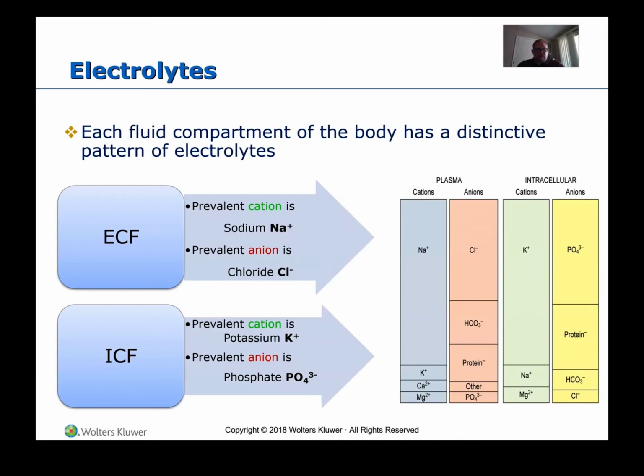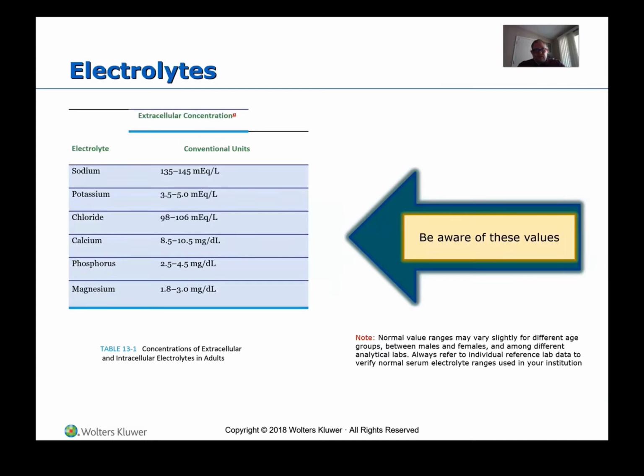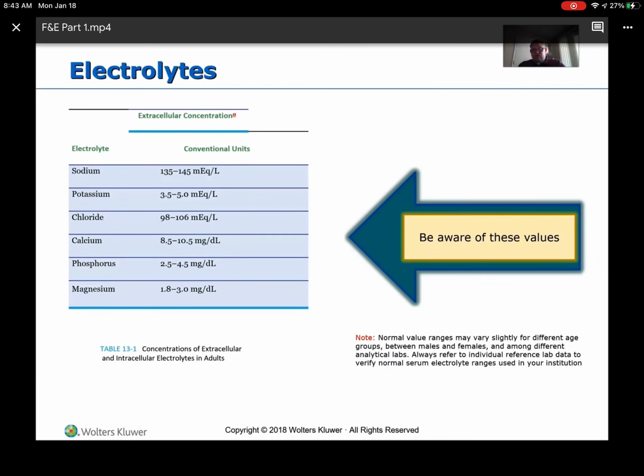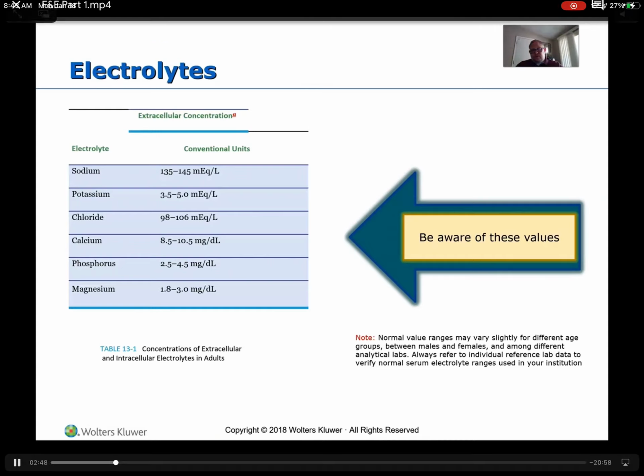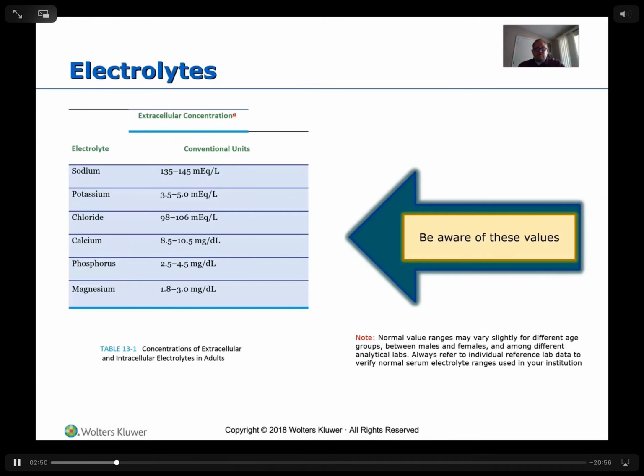Important to note, inside your plasma your primary cation is sodium, whereas in your cells your major cation is potassium. This here is a good chart to refer to when going over normal ranges for these different electrolytes.